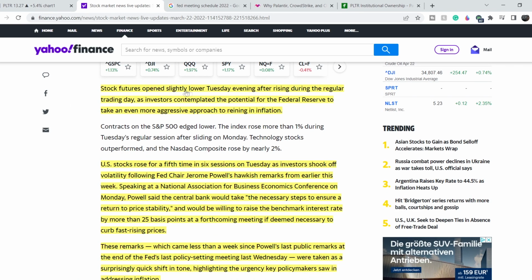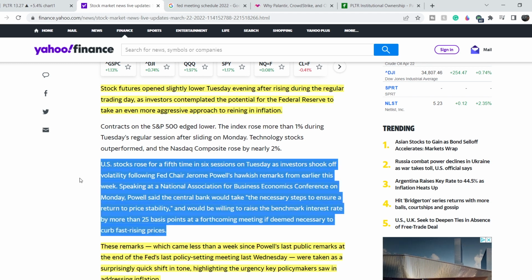Stock futures opened slightly lower Tuesday evening after rising during the regular trading day as investors contemplated the potential for the Federal Reserve to take an even more aggressive approach to reining in inflation. US stocks rose for a 5th time in 6 sessions on Tuesday as investors shook off volatility following Fed Chair Jerome Powell's hawkish remarks from earlier this week.